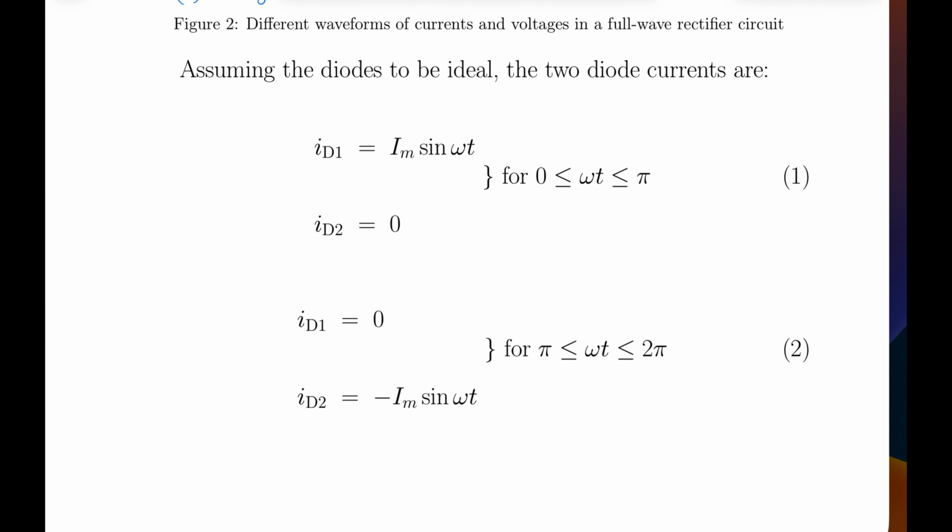We have seen that when Vi is equal to Vm sin omega t, then the current is equal to Im sin omega t.